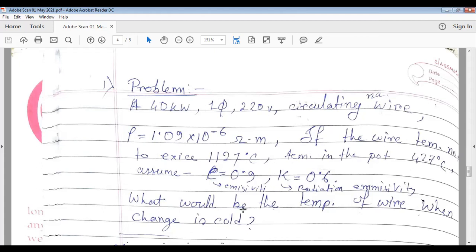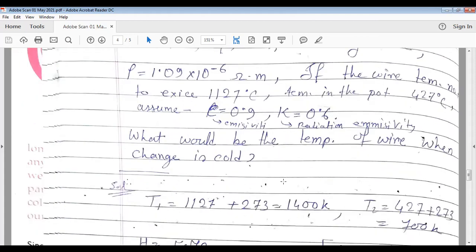After cool down, how much temperature was transferred? 1127 degrees centigrade minus 427 degrees centigrade, and this amount of temperature was exchanged. So what would be the temperature of the wire when it is cold? You have to estimate it.